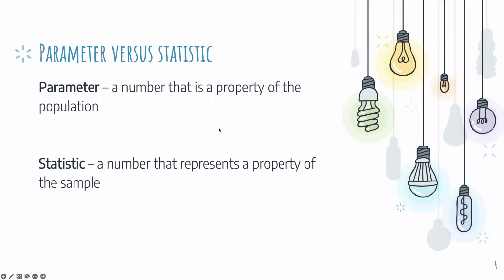Something that helps me remember which goes with which: parameter and population both start with P. So every time we talk about a population, the measurement that we take out from there is a parameter. And if we take a sample, we have a statistic. They both start with S.